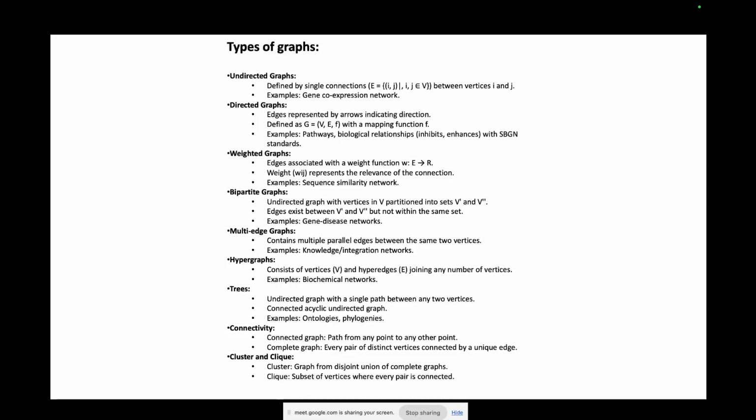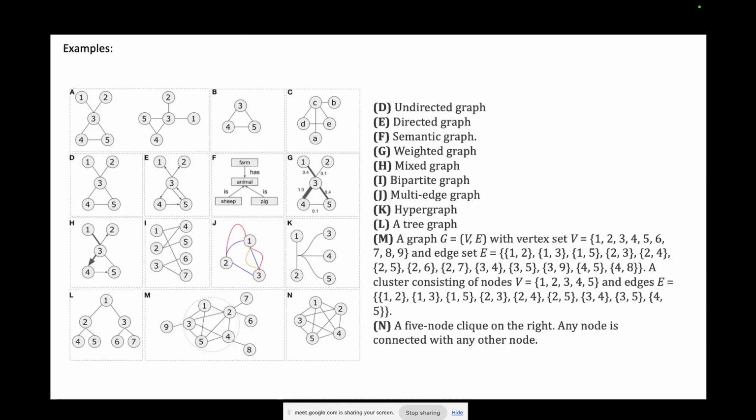Genes and diseases are two different types of elements of the whole network, but they are connected to each other by edges. In those cases, we have two different types of elements represented by nodes in the graph, so we call them bipartite graphs. On top of that, you can have other variants of these graphs, like multi-edge graphs, hypergraphs and trees, etc. We'll talk about it in the next slide.